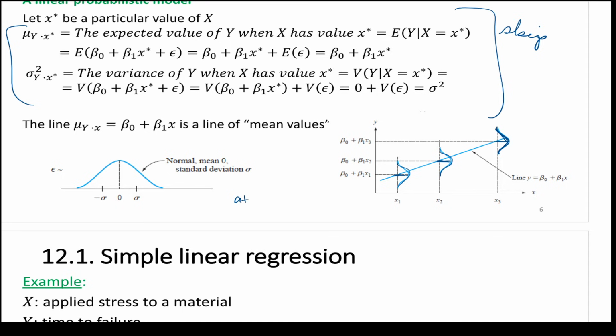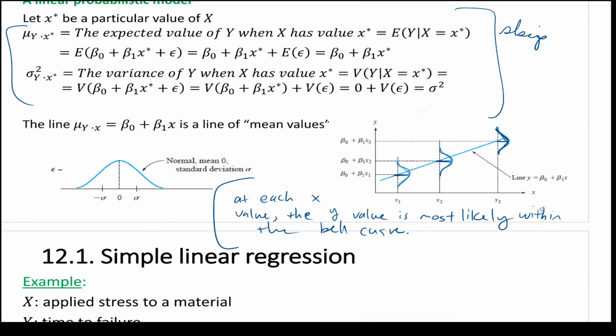So at each x value, the y value is most likely within the bell curve.